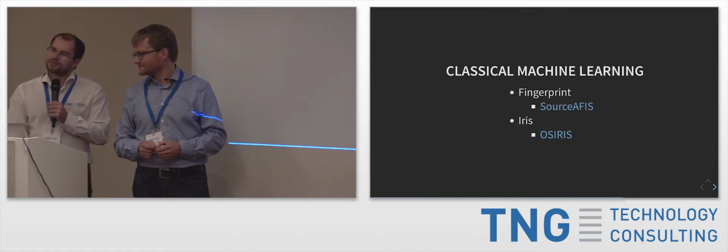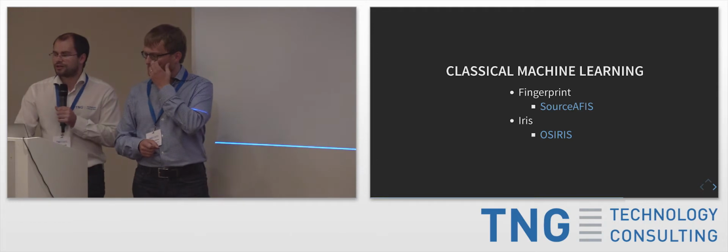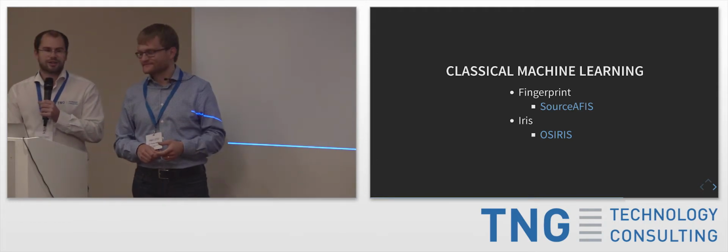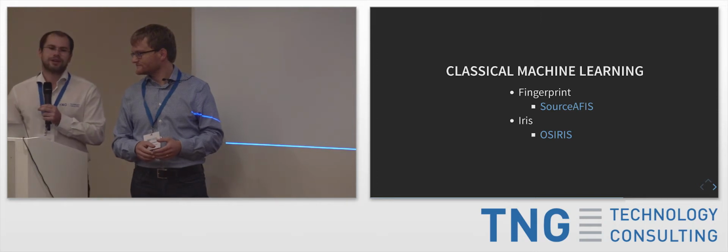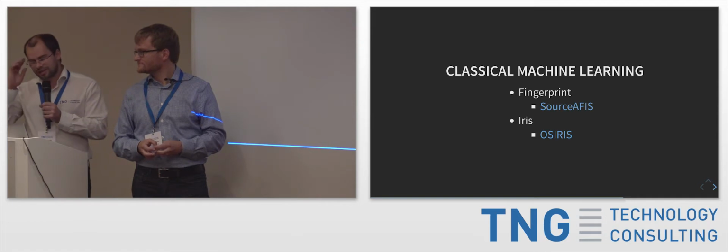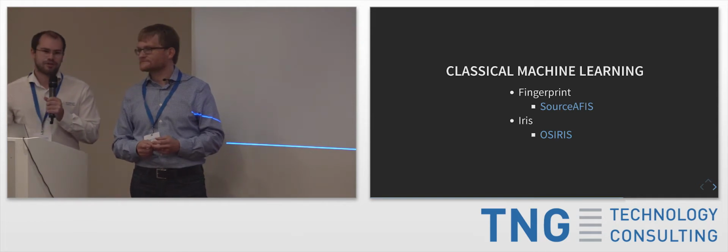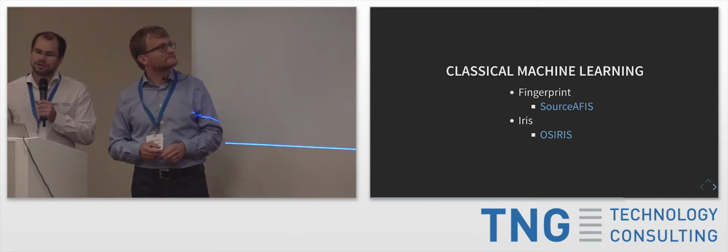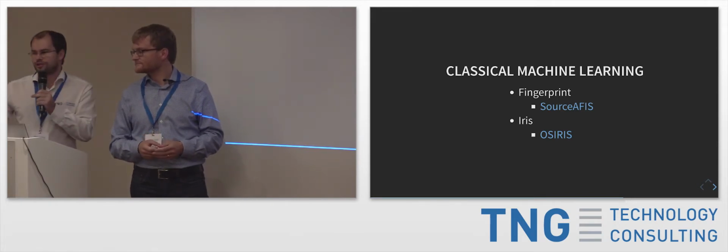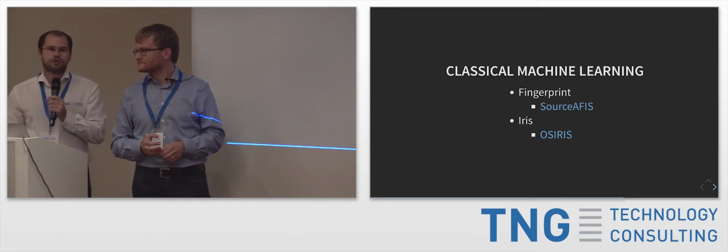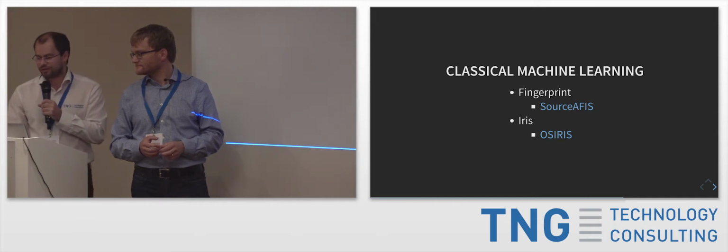Okay. And then there are classical machine learning things out there. For fingerprint identification, there's the automated fingerprint identification system, and there's an open source implementation for it. Fingerprint works a bit differently than iris, because in fingerprints you've got other kinds of features, like those ridges, you've got bifurcations, you've got little islands, things like this, which are quite different to the frequency patterns found in the iris.